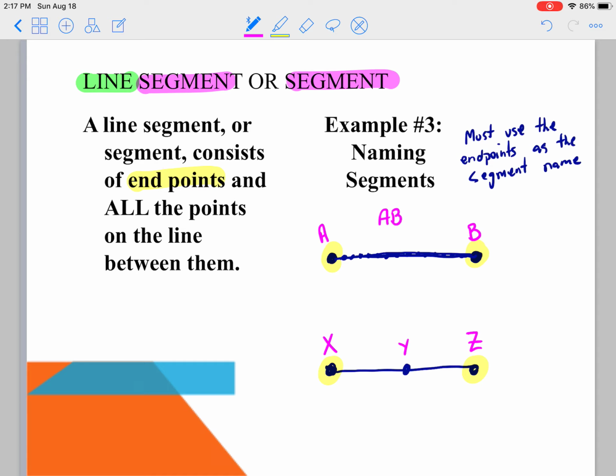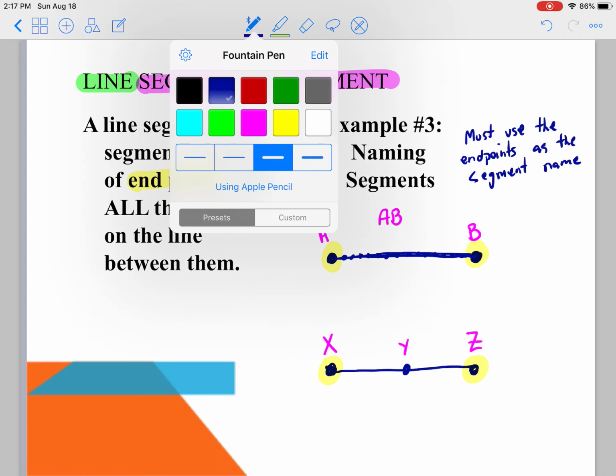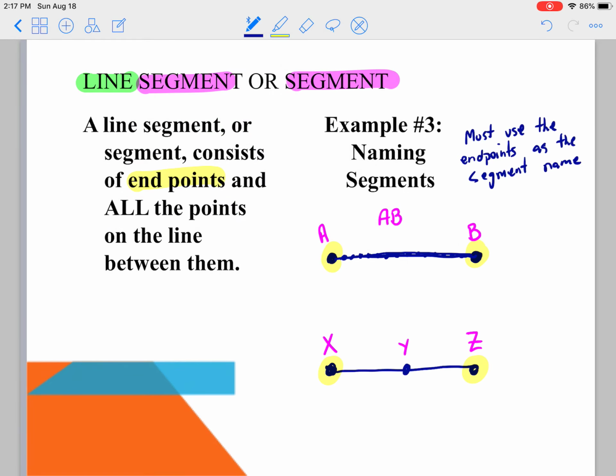I'm writing them side by side once again. However, when I notate it with the proper mathematical notation as in our learning target, rather than putting arrowheads, I'm going to show that it is a segment that does end at point A and point B by putting the dots or points at the ends of my segments. I'm going to put endpoints on my mathematical notation in the name. So now I know that I have a line segment that begins and ends at points A and B. Now in the example below, I can name this in several different ways.